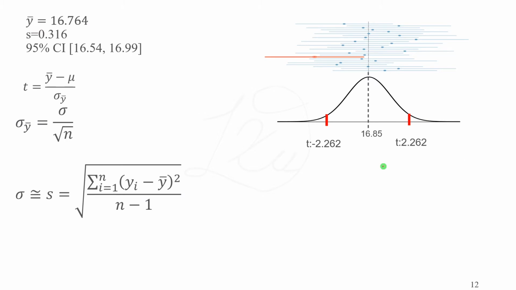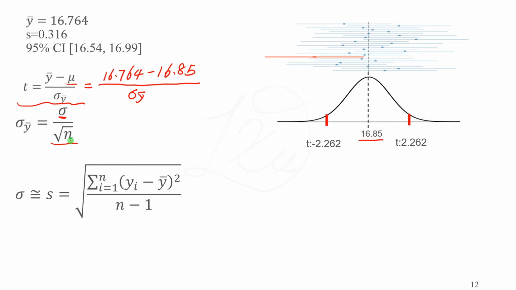To calculate t, we use this equation. t equals the sample average that we are calculating the t value for, minus the population mean. In this case, it is the null hypothesis value of 16.85. So it equals 16.764 minus 16.85 divided by the sample average distribution standard deviation, sigma y bar. Sigma y bar can be calculated by using the population standard deviation sigma divided by the square root of the sample size.